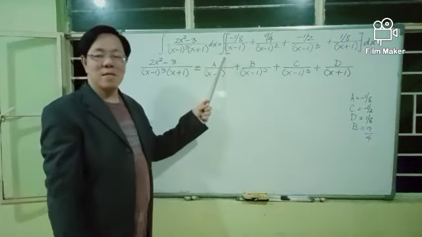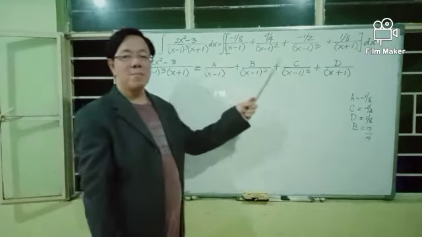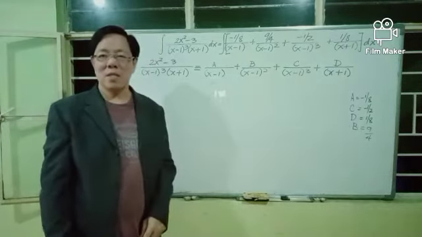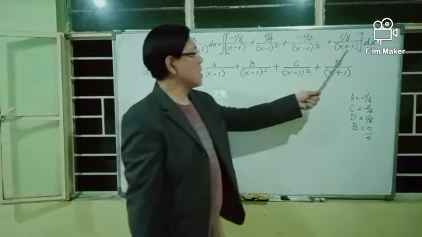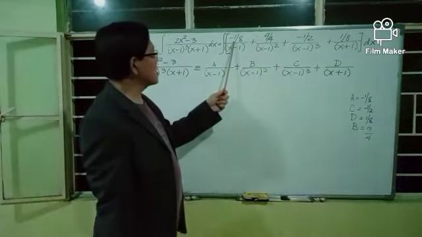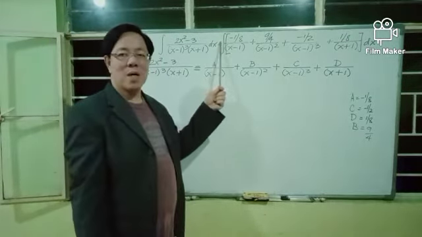For the right-hand side, we apply the integration rules for the integral of a sum and the integral of a constant times the function. We integrate each of these terms with respect to x, and we take the constant outside of the integral sign.